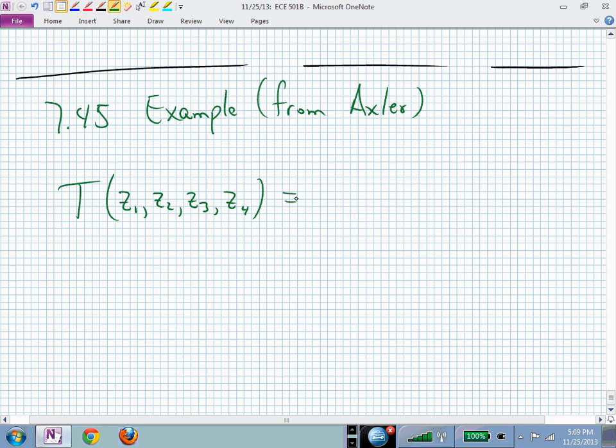And suppose that we take these 4 coordinates, z1, z2, z3, z4, through this linear operator t, and it produces 0, 3z1, 2z2, and minus 3z4.